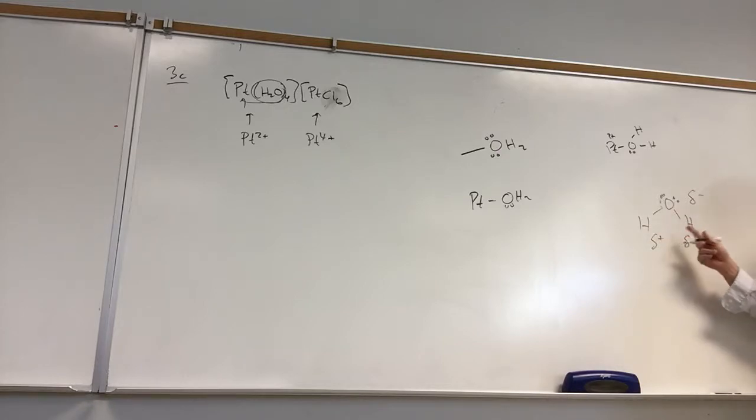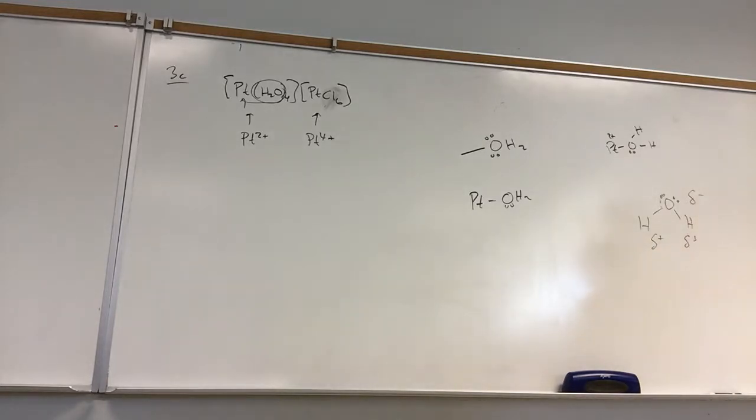These delta pluses are big, because these very big delta pluses lead to hydrogen bonding interaction. Hydrogen bonding occurs when hydrogen is bonded to oxygen, fluorine, or nitrogen, the three most electronegative elements in the periodic table. And it has to do with the three most electronegative elements pulling the electron cloud to it. And so the electron cloud is going to be pulled towards the oxygen.